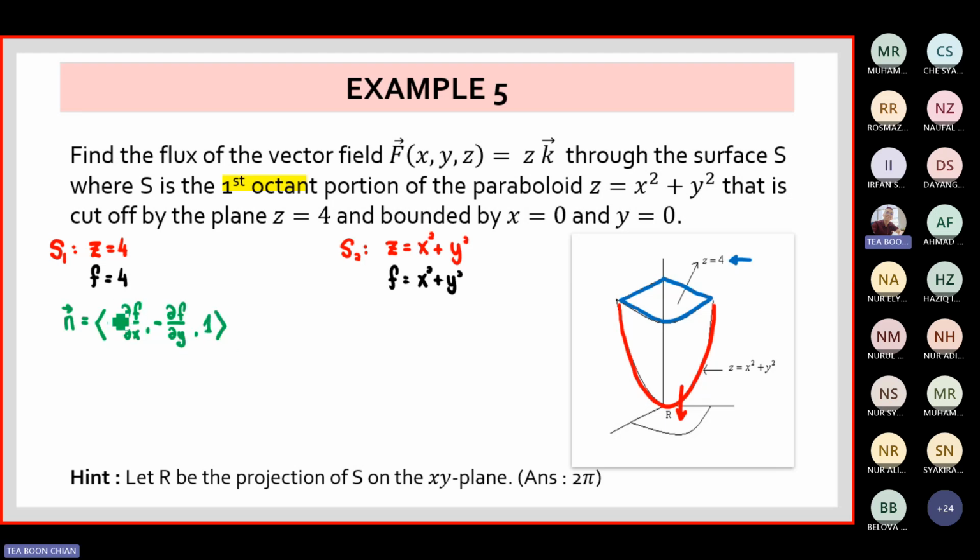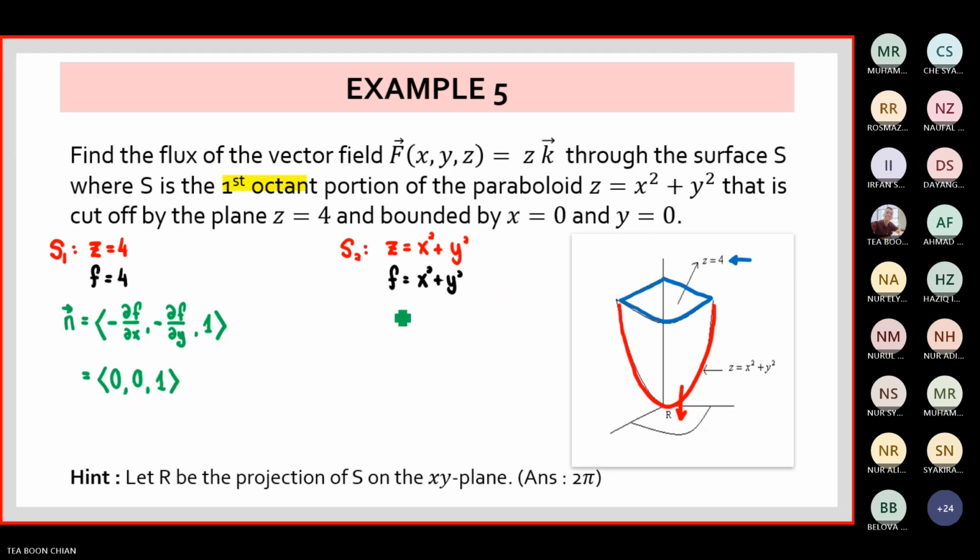Okay, it's very straightforward. This is a constant number. Therefore, differentiate a constant number, you always get 0, 0, and 1. So be careful. This time, the upward normal vector is 0, 0, 1.